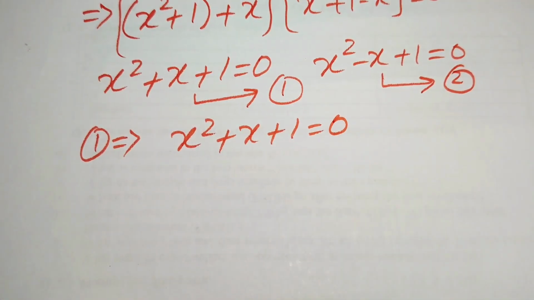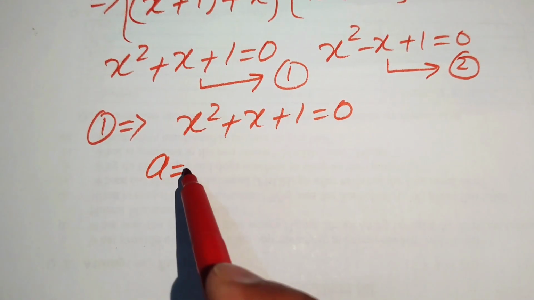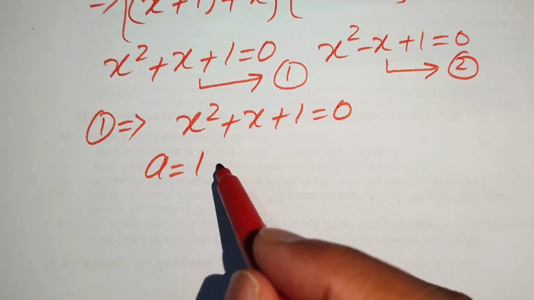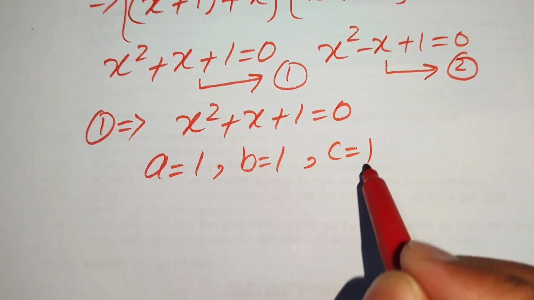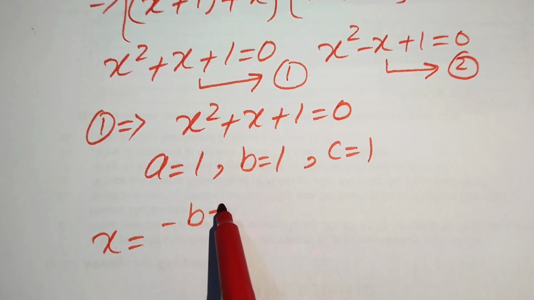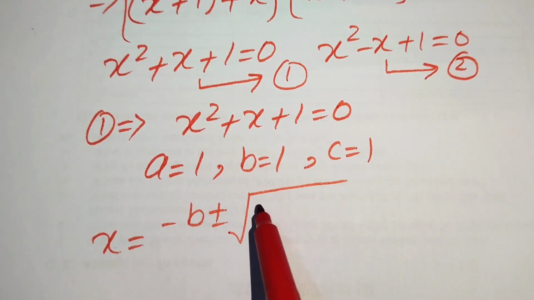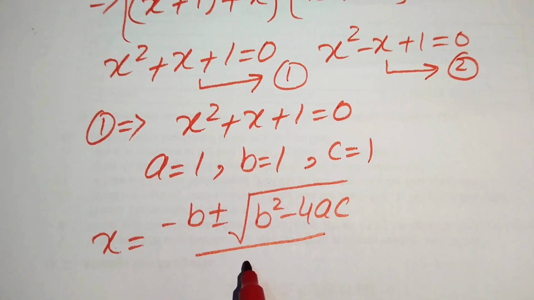You see here this is a quadratic equation, and now we use the quadratic formula in order to solve this equation. First we write the coefficients of this equation: a equals 1, b equals 1, and c equals 1. And the quadratic formula is written as x = (-b ± square root of (b^2 - 4ac)) divided by 2a.